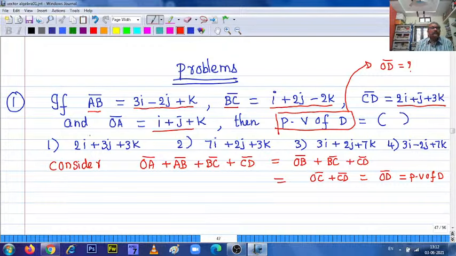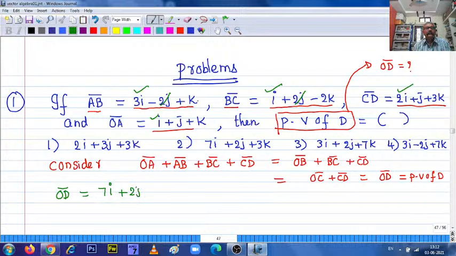So now OD bar is equal to the sum of all these vectors. 3i plus i, 4i plus 2i, 6i plus i, 7i. Minus 2j plus 2j cancel, j plus 2j gives 3j... wait, j plus j, 2j.